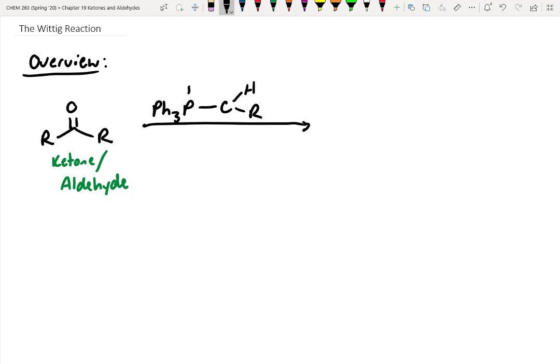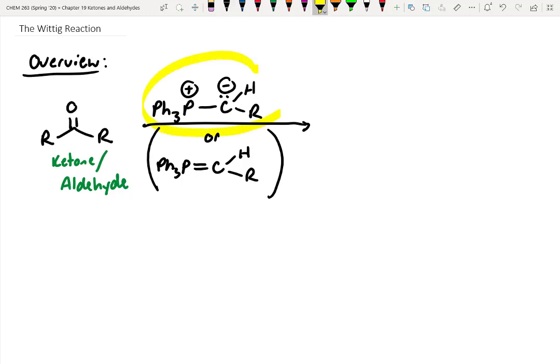You'll often see this where the phosphorus has a positive charge and the carbon has a negative charge. Or you sometimes see it written a little bit differently, where you have a double bond and no formal charges. Either one of these work. I kind of prefer to show the method up here on top, because it really emphasizes that the carbon is the site that has high electron density.